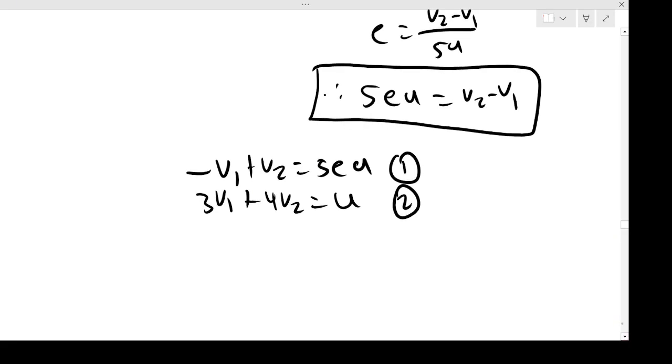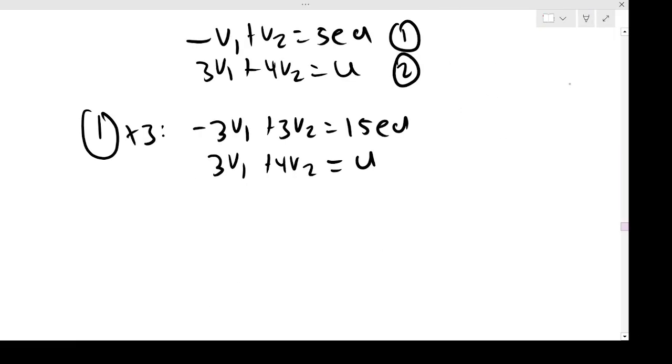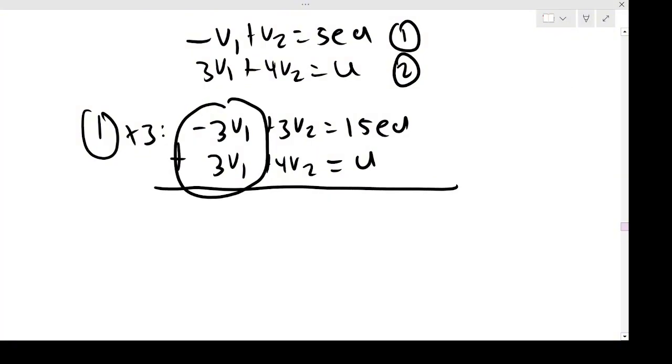But actually, spot that we can just triple the first equation. So I have minus 3v1 add 3v2 to be 15EU. And then if I rewrite the second equation, 3v1 add 4v2 equal to u. And then spot we can get rid of the v1s if we add the equations. So minus 3v1 and 3v1 goes away. We're just left with 7v2 is 15EU add u.